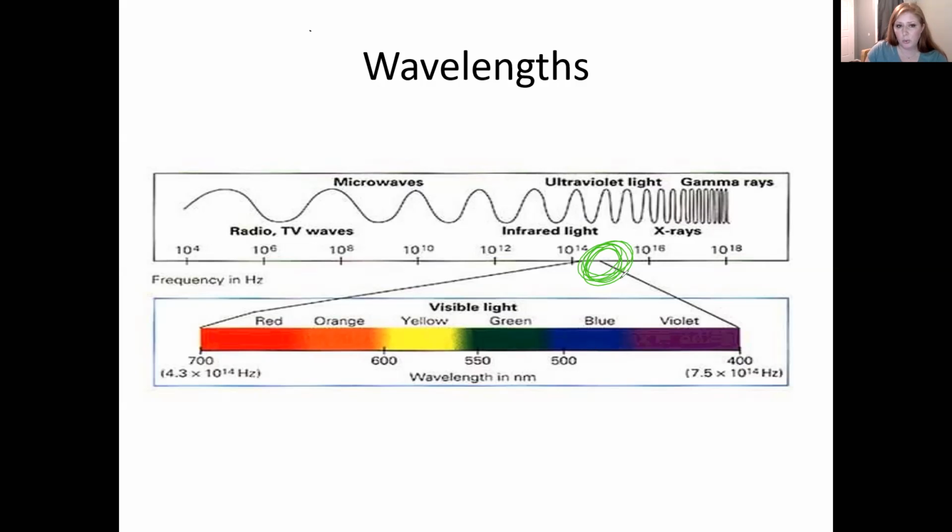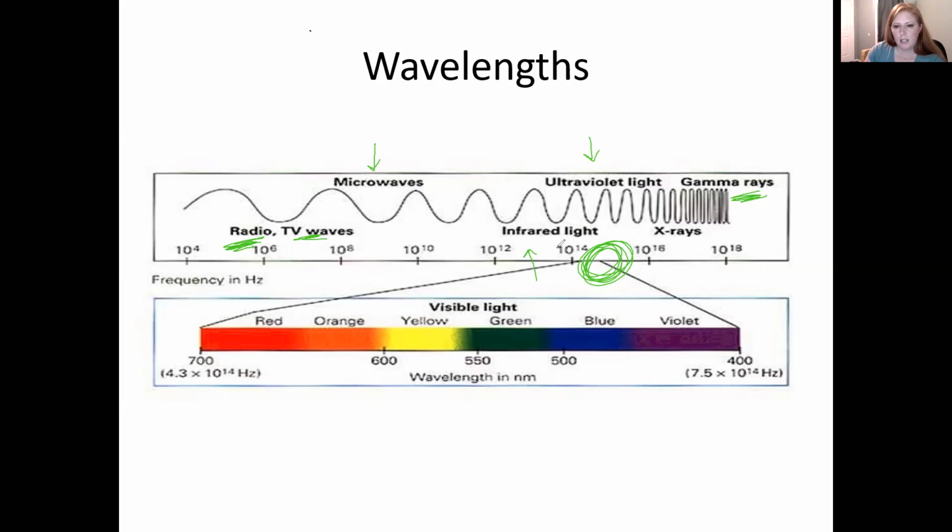But it's this tiny portion of the rest of the spectrum, where we have everything from these really long, slow wavelengths, which are radio waves and TV waves, to stuff that's really tight and fast, which would be gamma rays and X-rays on that end of the spectrum. Then we have all the stuff in between: microwaves, like the waves that literally run your microwave ovens, infrared light, UV light, and there's all kinds in between.